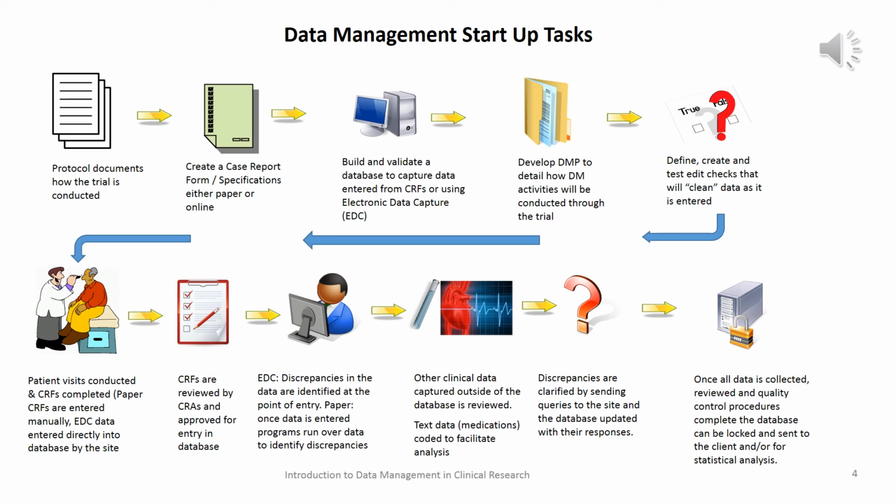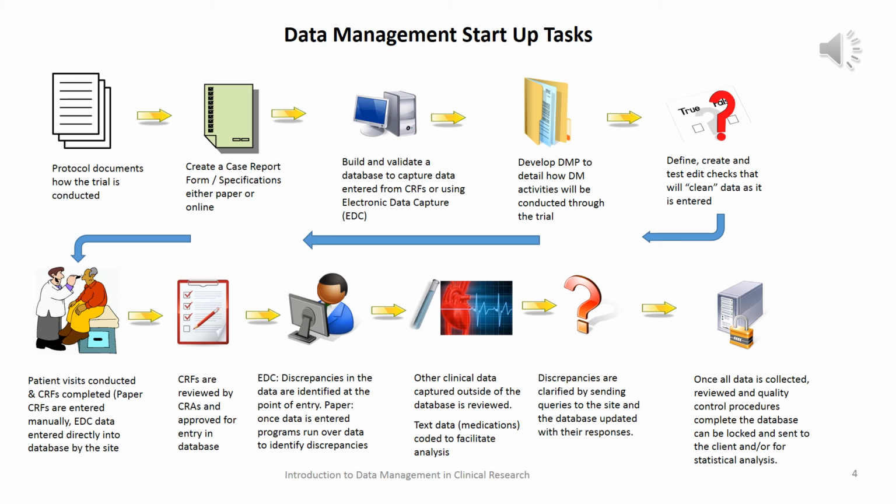What these edit checks do is they run on the data that's been entered, and any sort of discrepancy that they may find, they're going to fire, and these can go either directly to the site for them to resolve right away, or they may fire at a status where someone has to review them and determine whether or not it should be sent to the site. So that discrepancy should be sent to the site in order for them to reconcile and resolve those discrepancies.